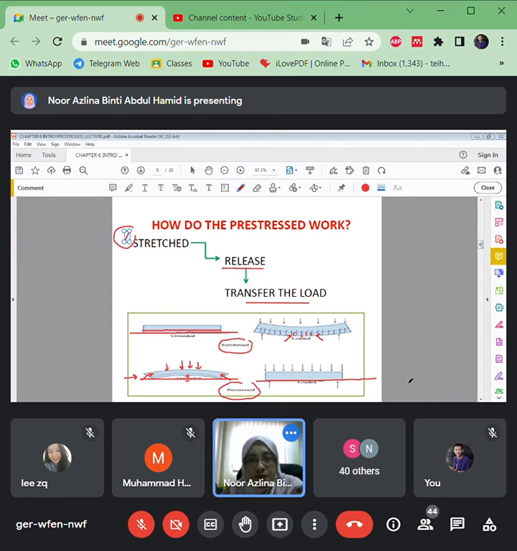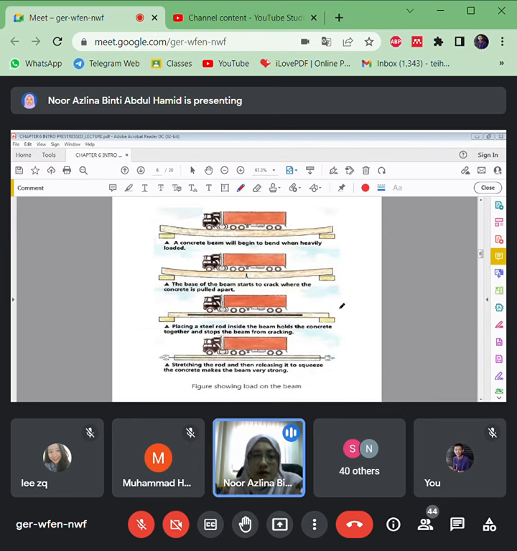All right, so this is another example showing loads from vehicles, especially for a bridge here. Because of the loads that come from the lorry, because of the movings, vibrations, and so on from the transportation here, the concrete will begin to bend when heavily loaded.